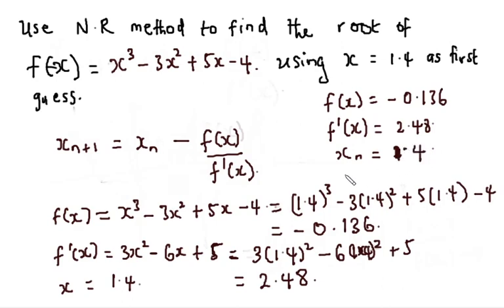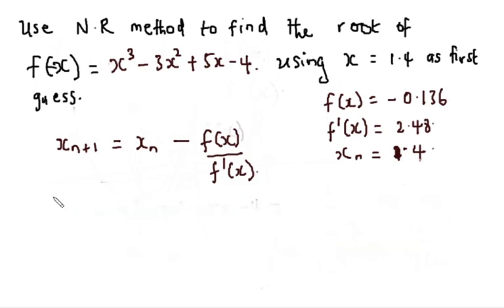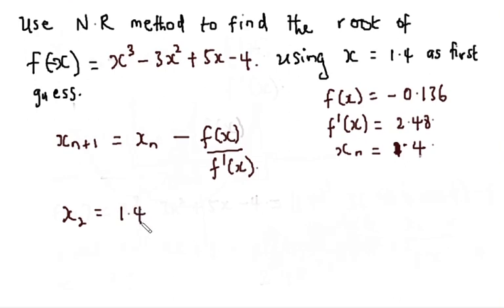Okay, so let's clean up the space here. So cleaning up the space and using our Newton Raphson method formula, we have x of 2. The first term is x of 1. So x of 2 is equal to, let's say this x of 1 is 1.4. 1.4 minus, open bracket, minus 0.136 divided by f prime of x is 2.48.